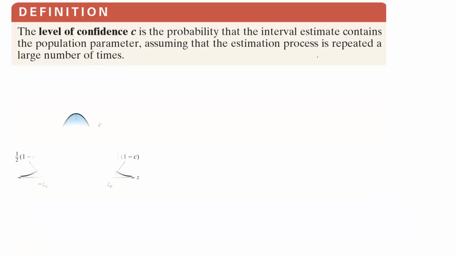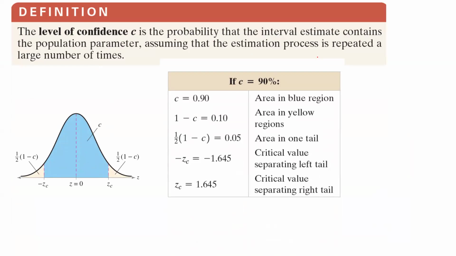Now, how do we calculate the critical value? If C is given to you, C is basically the area below the curve. And if you have the area, to find the Z value you're going to use the function inverse norm on your calculator.